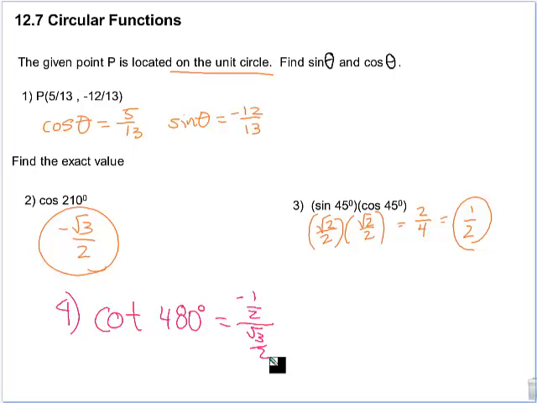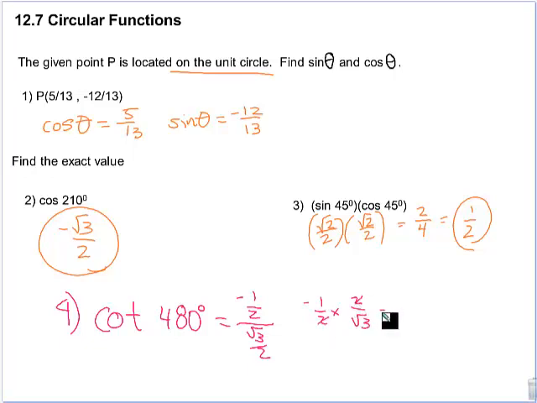And then how would you simplify this? Multiply by the reciprocal. So negative 1/2 times 2 over square root of 3. What happens to your 2's?